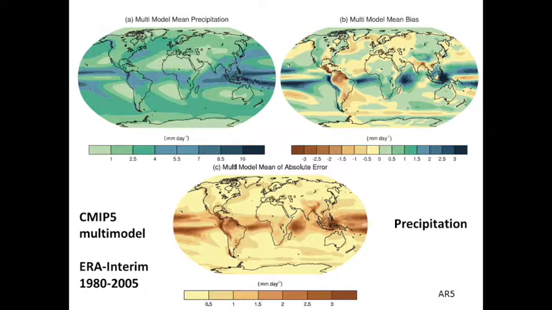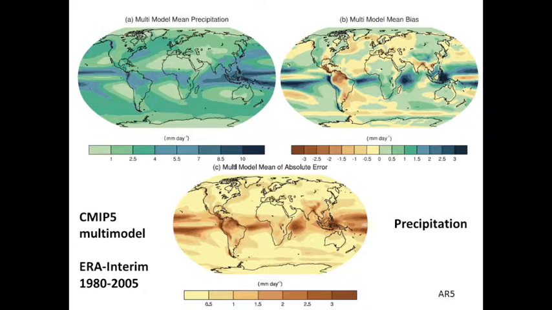These yellows here are very small bias, only 0.5 yellow and 0.5 this light green. And here we can see the magnitude.